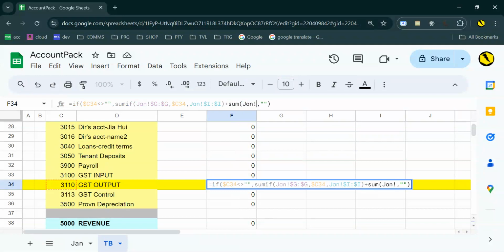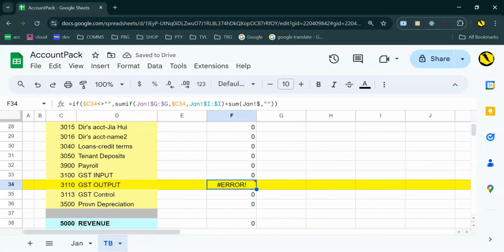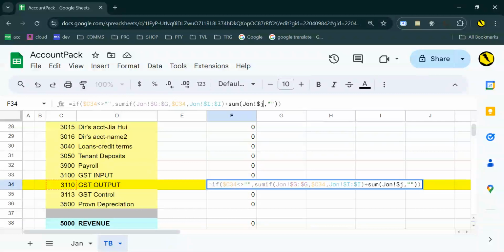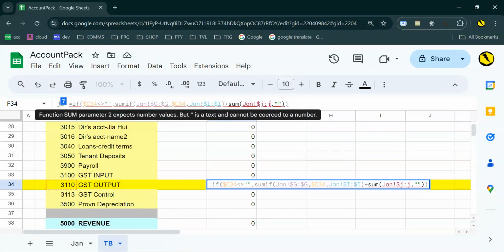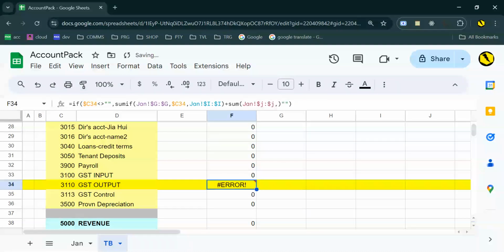January code. Let me see what's the code there. January GST column is J. So you sum up J for me, exclusively, just J. That's the thing about this.